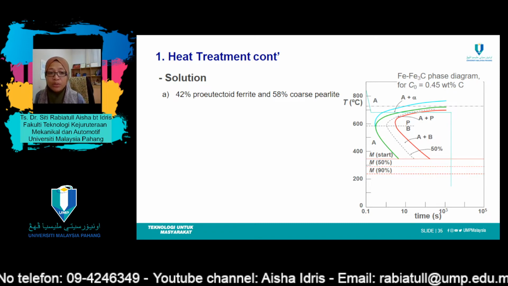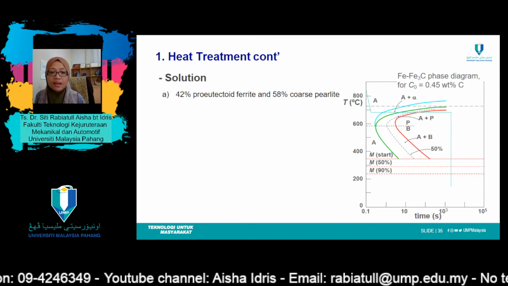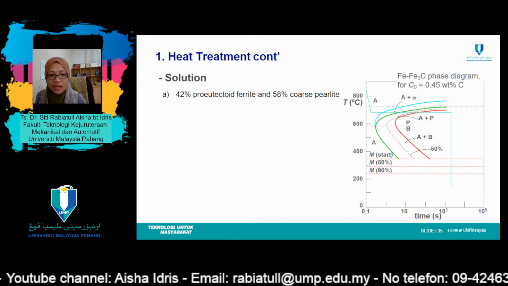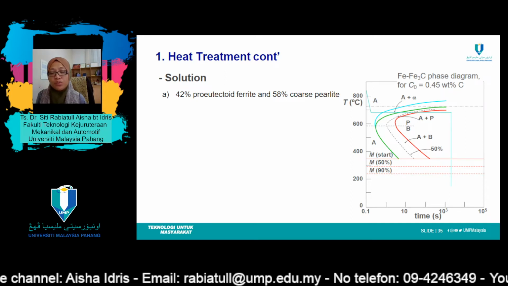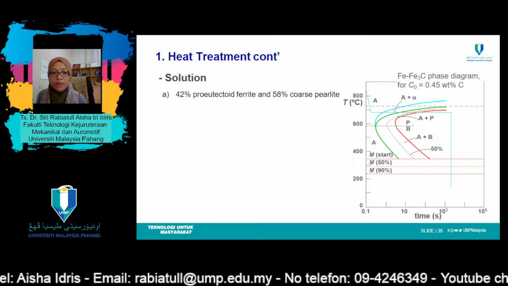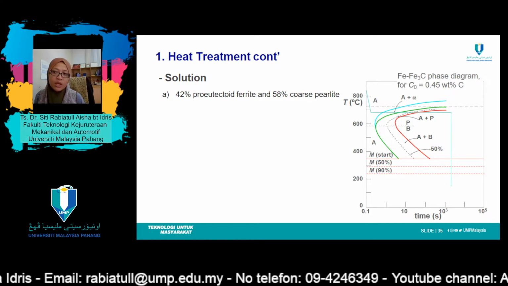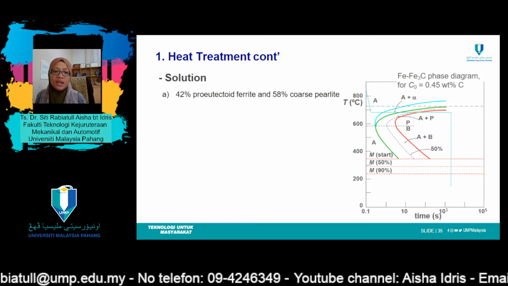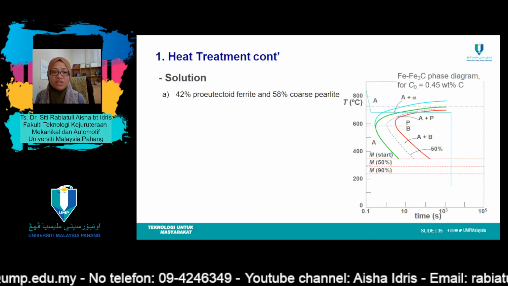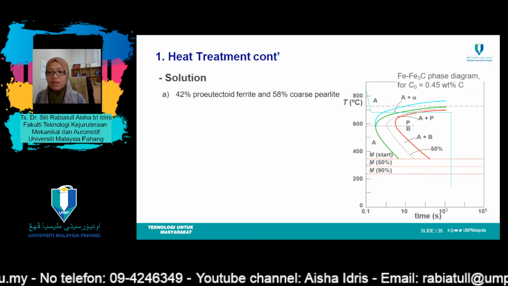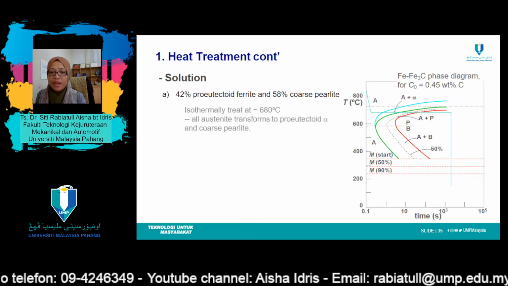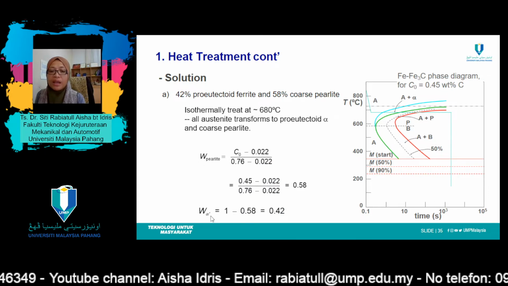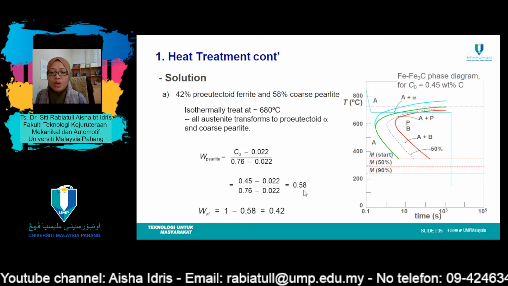And we use the lever rule in conjunction with a tie line that extends from the alpha to alpha plus cementite phase boundary, which is 0.022 weight% of carbon, to the eutectoid composition, which is 0.76 weight% of carbon, inasmuch as pearlite is the transformation product of austenite having this composition. So from there, you can calculate the weight fraction for pearlite and austenite.